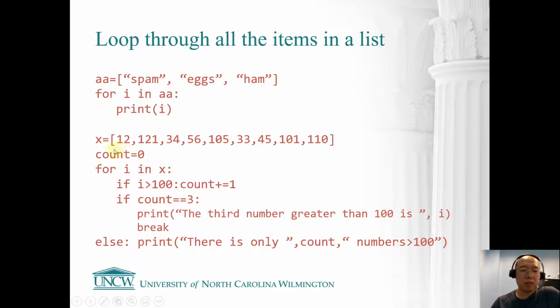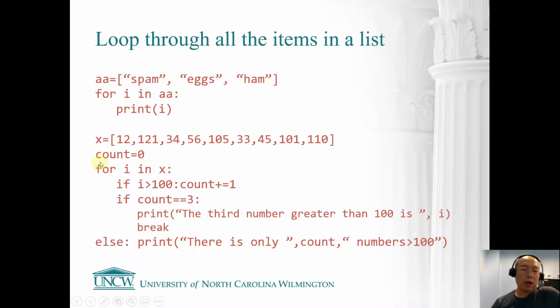So we start from a really long list, and then we are doing a count. Why? Because we are not looking for the first value greater than 100. We are looking for the third. So when you are visiting a value greater than 100, you have to have a way to know, is that really the third value greater than 100, right?